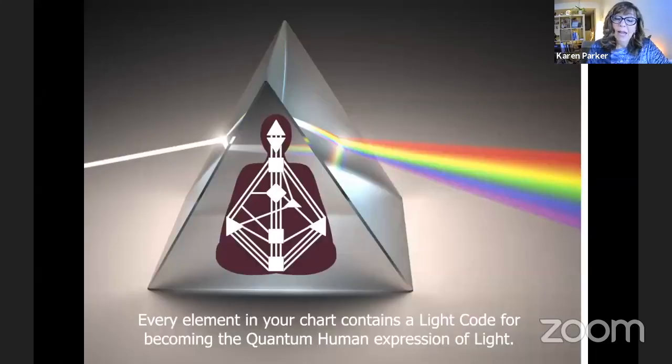So every element in your chart contains a light code. It contains a code for becoming the quantum human expression of light. Every archetype in this chart is showing up literally on a spectrum, on a light spectrum, on a spectrum of possibility. And the more we can move towards consciously choosing the highest expression of every element in the chart.